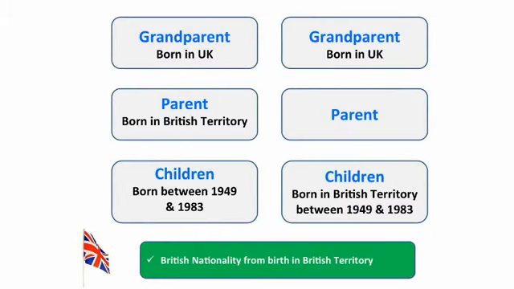We have some examples here. We have the grandparent born in the UK, we have a parent born in a British territory, and the children or grandchildren being born in the 1949 to 1983 period. Generally speaking, this will always give rise to a claim to UK nationality.